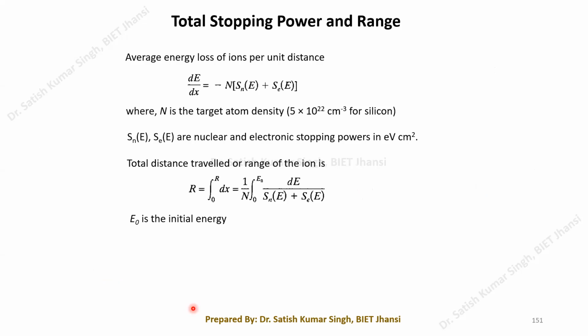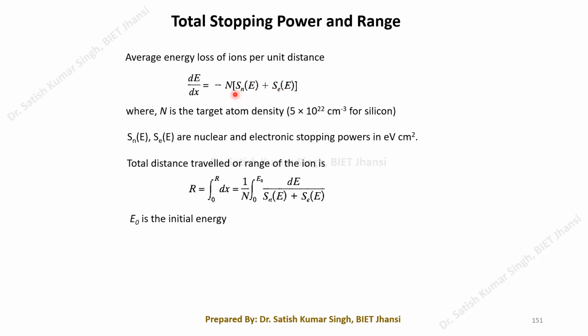So basically, we can see the average energy loss of ions per unit distance if you want to calculate it. Once it is traveling deeper into your material, what is the average energy loss? If we calculate average energy loss per unit distance, it will be denoted by dE upon dx, and that can be given as minus n multiplied with the power used for nuclear stopping plus the power used for electronic stopping.